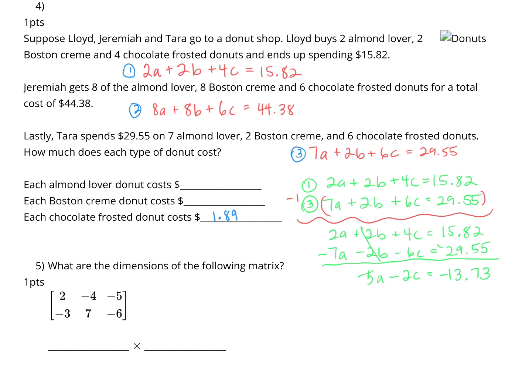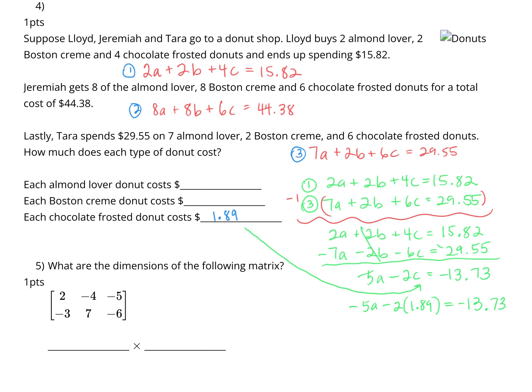But you would not want to eliminate C because you already know the value for C. So you definitely want to keep C in your equation when you add these two together. Because now what you want to do is plug in 189 for C so that you can figure out A. So we'll have negative 5A minus 2 times 189 is equal to negative 1373.